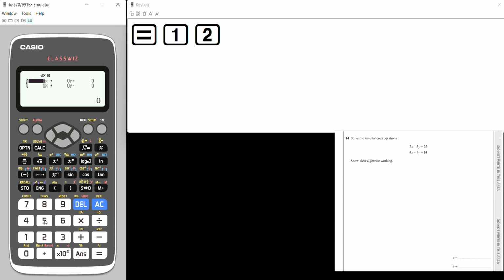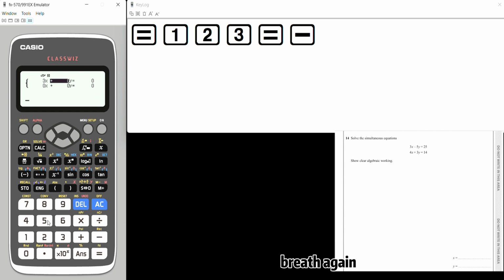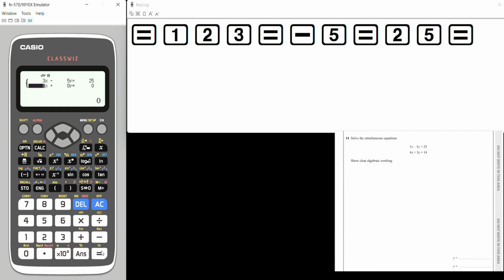So for this instance, 3x minus 5y equals 25. And then that's the first equation. The second equation is 4x plus 3y equals 14.